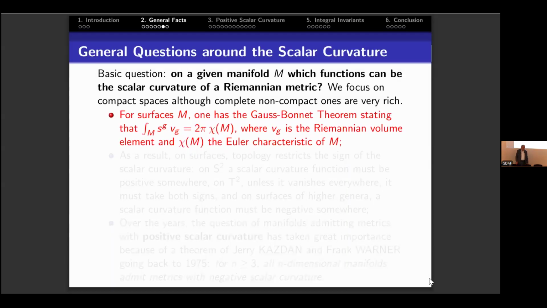If you're looking at surfaces, again, I'm talking about compact surfaces, then there is a very important Gauss-Bonnet theorem, which says that if you integrate the scalar curvature against the volume element determined by the metric, then you get a topological invariant. You get 2 pi times the Euler characteristic.